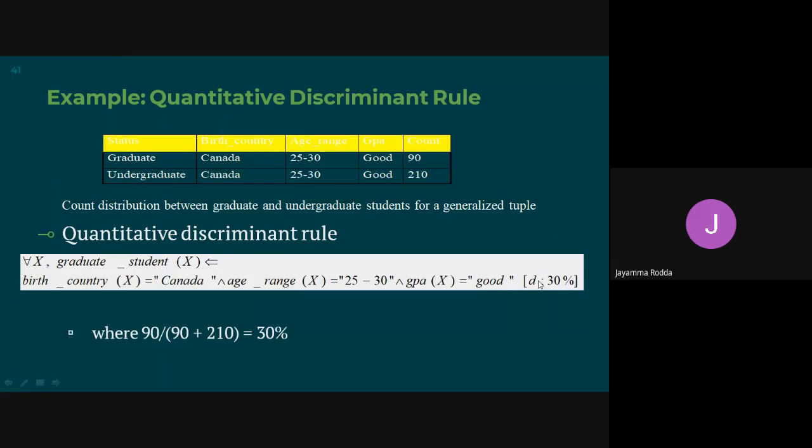What is the measure that we have here? The D weight measure. It is 30%.